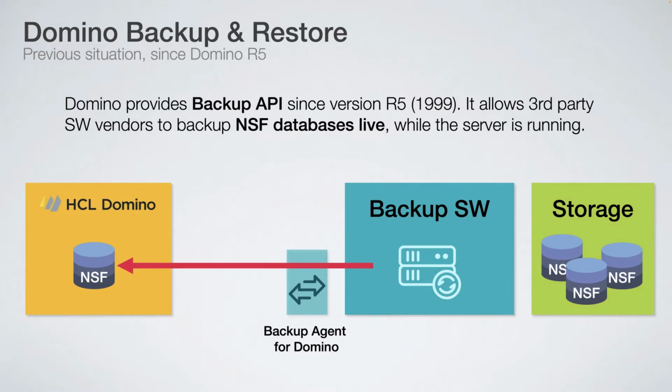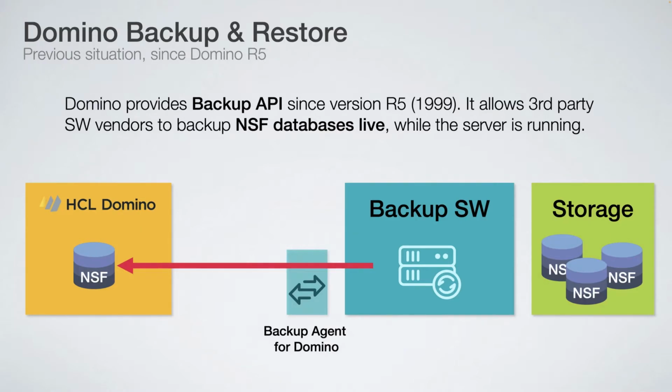This extension allows the backup software to back up NSF databases live. We know them, extensions like Tivoli, now Spectrum, but it used to be Tivoli Storage Manager for Domino, or Tivoli Storage Manager for Mail Solutions, or something like this. But these extensions were usually paid, so companies had to pay extra money for this backup agent.